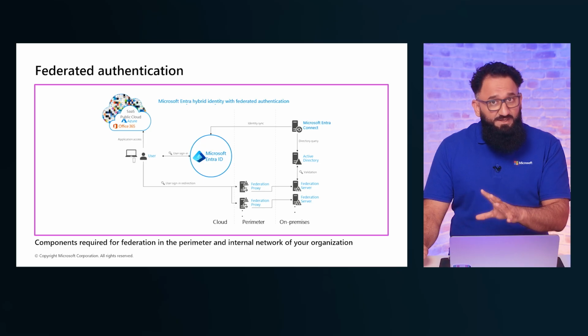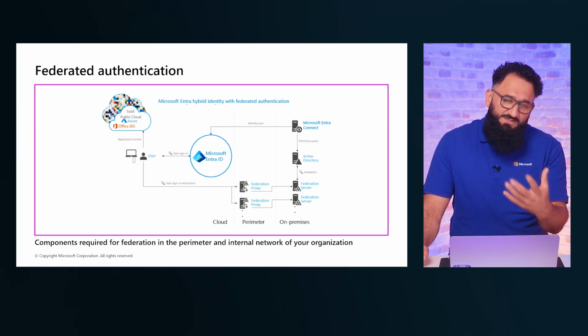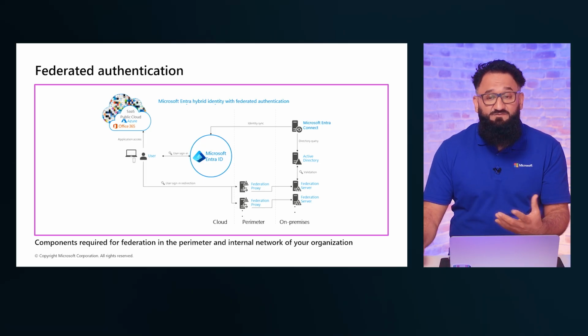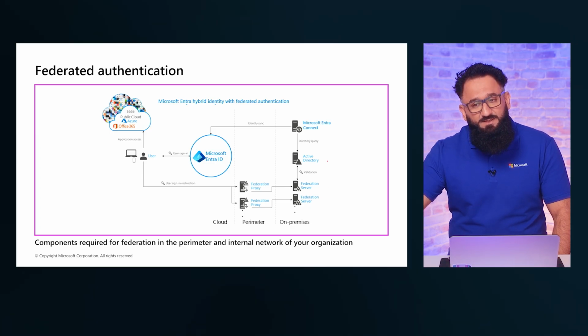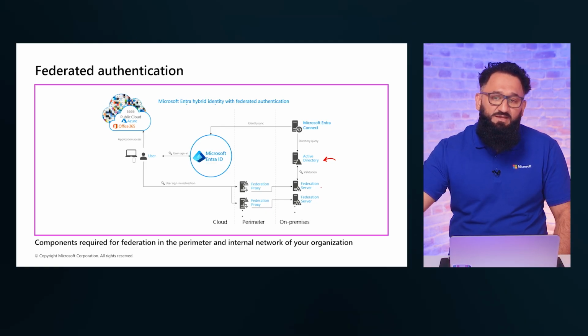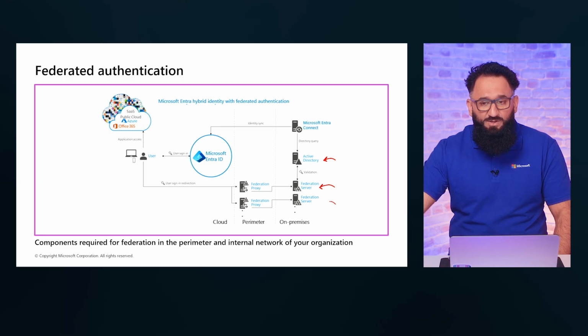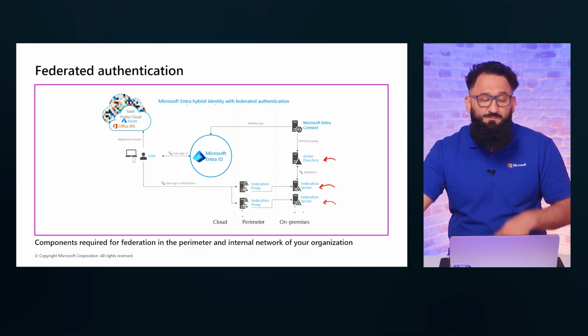Now, this setup requires a little bit more in terms of configuration and your admin effort, simply because you are not just looking at creating your Active Directory on-prem that you should have. You're also looking at creating federation servers that are going to be managing some of this information for you.